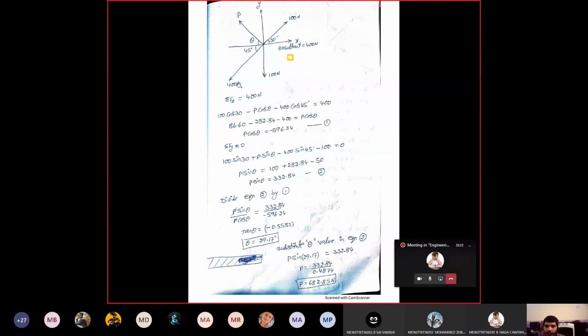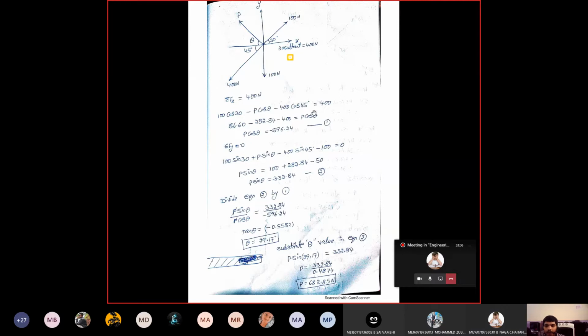Now tell me: minus 400 sin 45. Why minus? Because it is in the third quadrant, the negative y direction. We are resolving this force in the negative y direction. Negative y means that is the reason why we are writing this negative 400 sin 45.